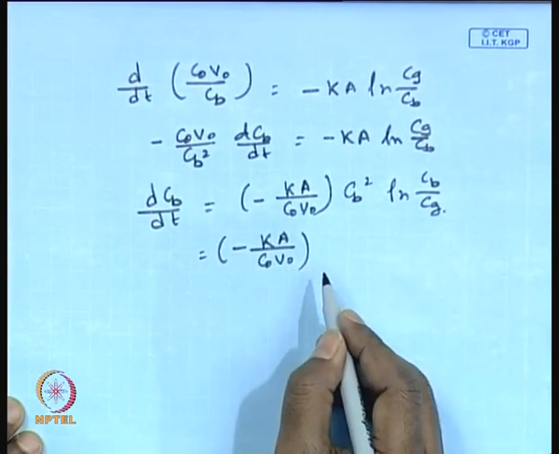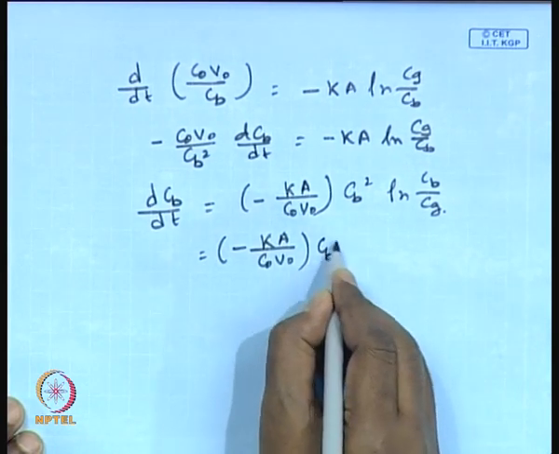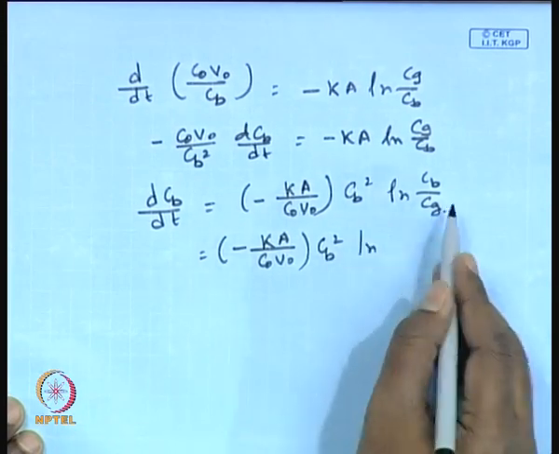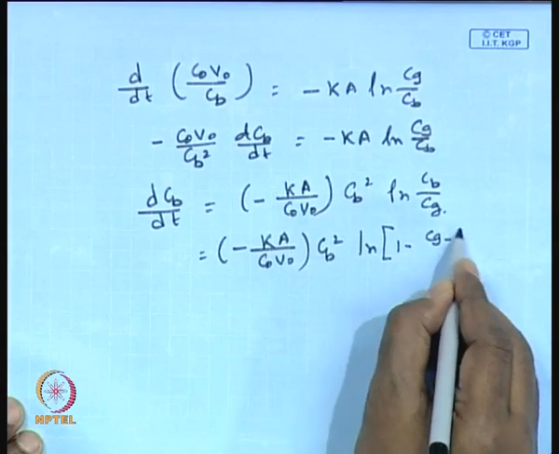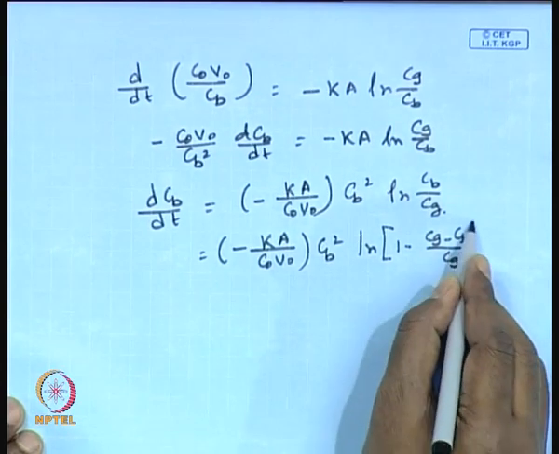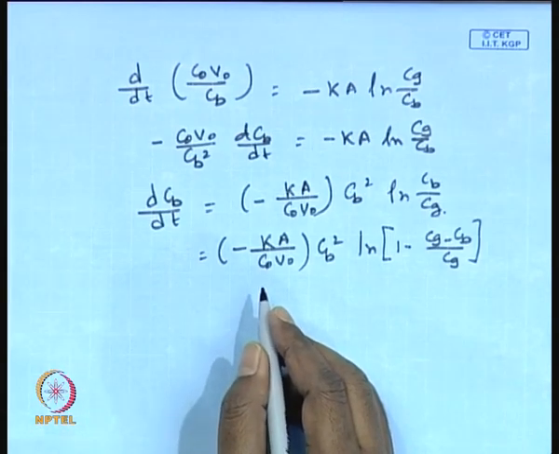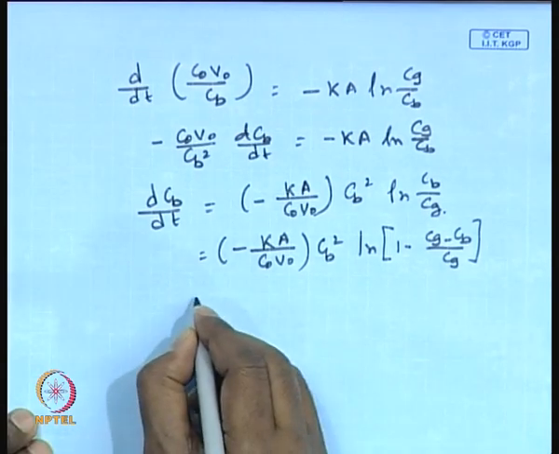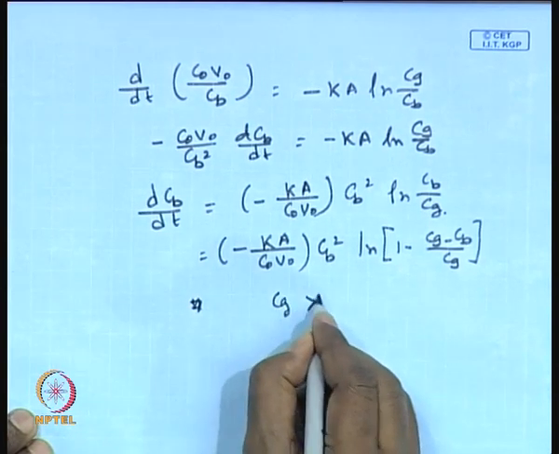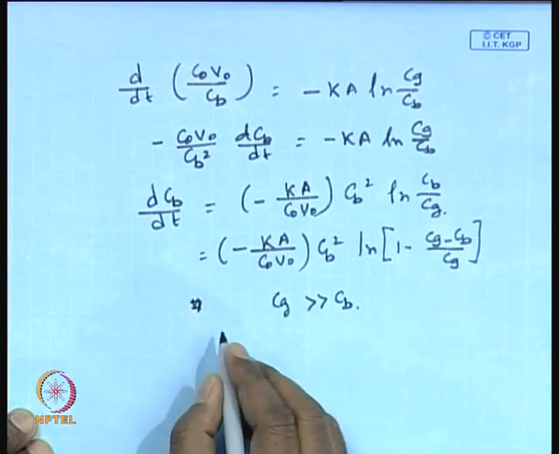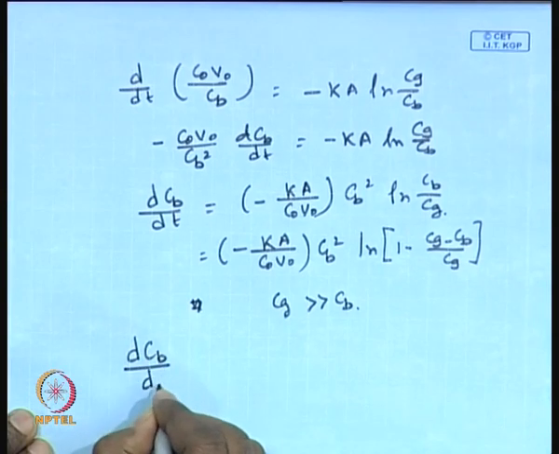but this can be simplified further by the assumption that Cb at any point of time will be much less than Cg. So, ln Cb by Cg can be written as 1 minus Cg minus Cb divided by Cg. Okay. And since the approximation that you know Cg is much greater than Cb, using that approximation, I am just omitting a number of steps, you please try to derive them.